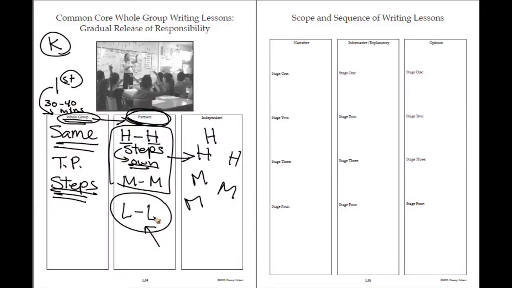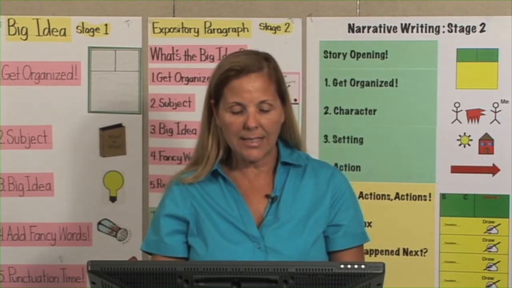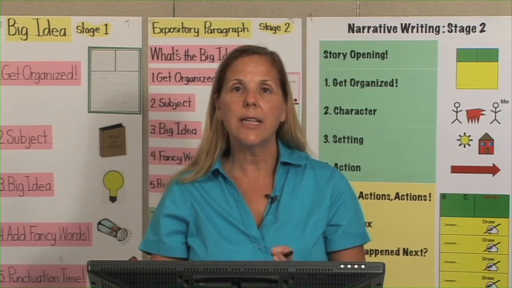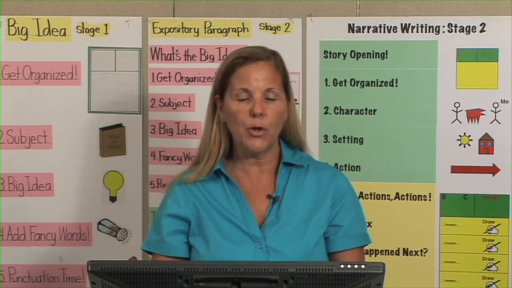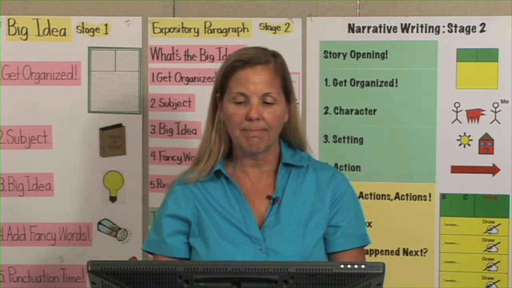After a while, my lows have been writing at the partner level, and what are they focusing on? The steps to write their own text, their own piece of information or stories, and then finally, they'll be released where they write independently on their own. This is the format that we are trying to reach. But it does take that slow release of responsibility where we go from whole group to partners to independently writing.